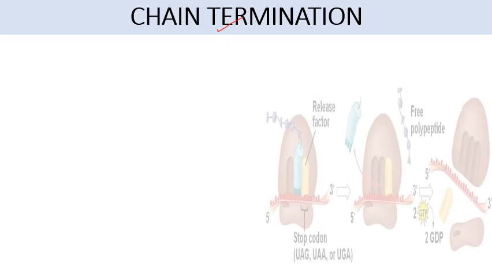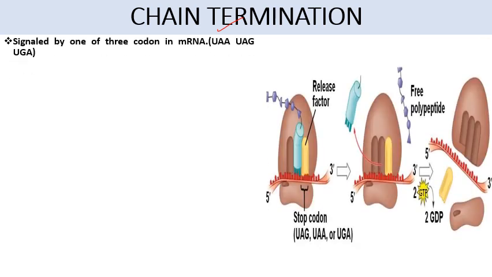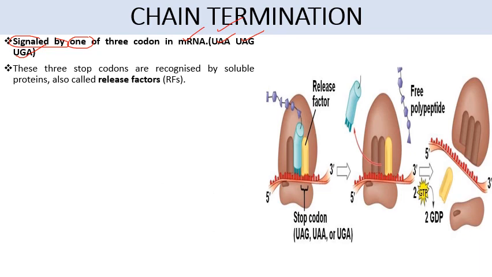The last step in the translation process is chain termination. Termination is signaled by one of the three codons present on the mRNA, which are UAA, UAG, and UGA, known as termination codons or nonsense codons. These three stop codons are recognized by special soluble proteins known as release factors.